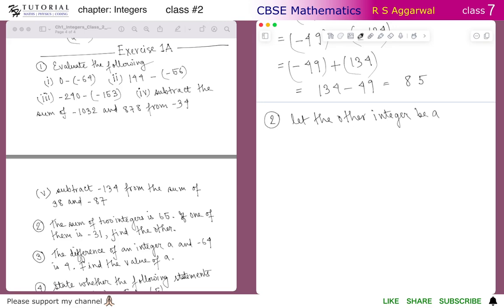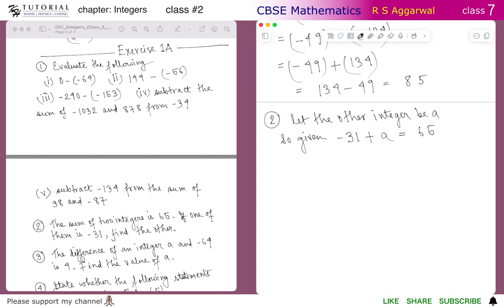So what is given? Given the sum of two integers is 65, and also it is given one of them is minus 31, and we have assumed that the other integer is a. So we are given minus 31 plus a equals 65, and from here we have to find a.